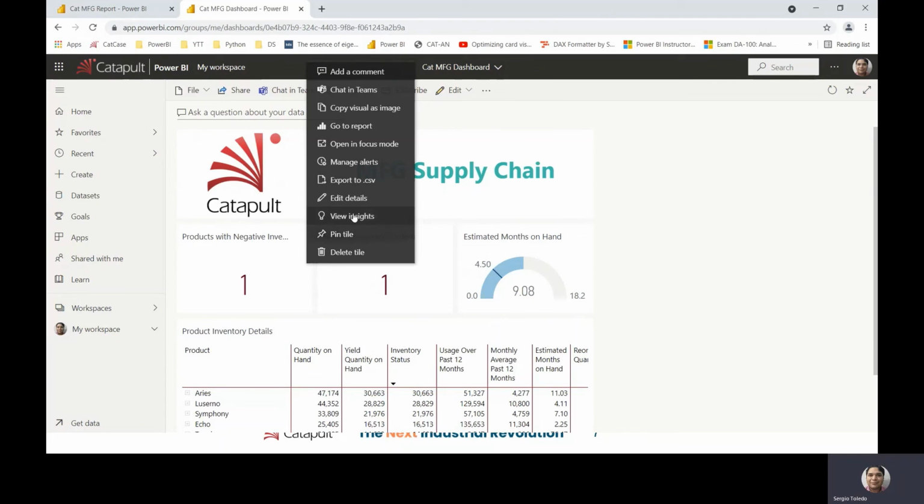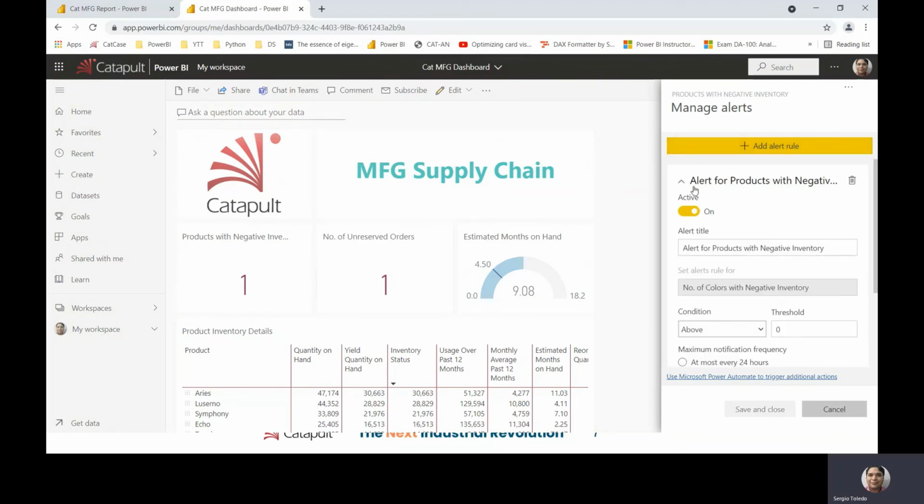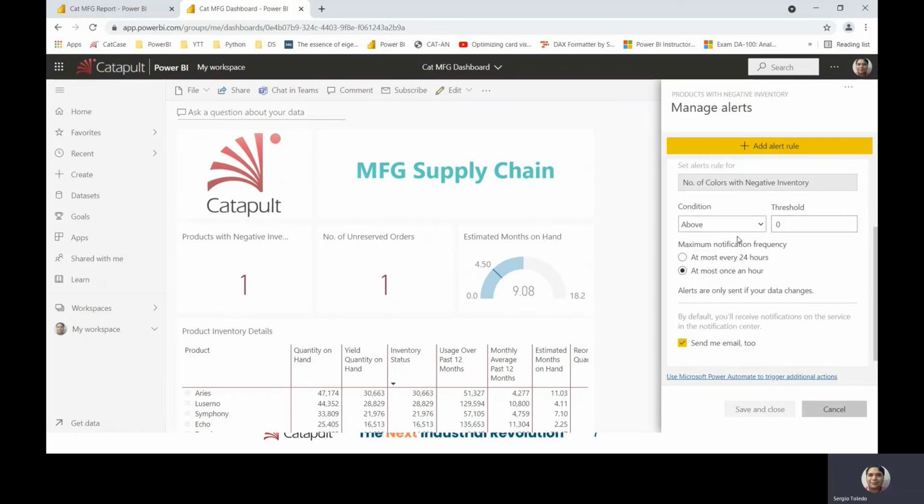So if you click on the ellipses for this card, you see here there's a manage alerts option. Click on that, you can add different rules. So a rule that's already added there that's active is alert for products with negative inventory. We set a condition above, below, and we set a threshold. The threshold can be anything you want.